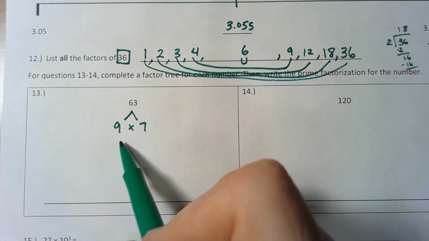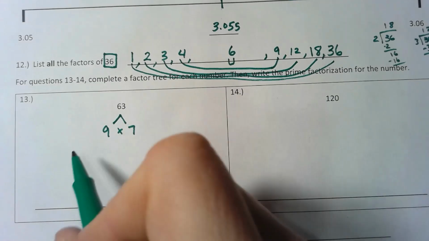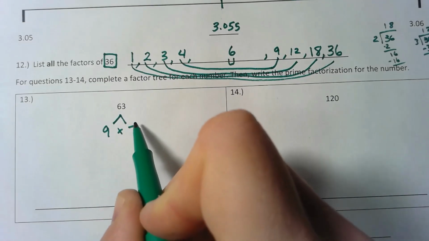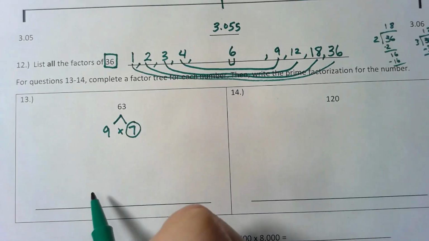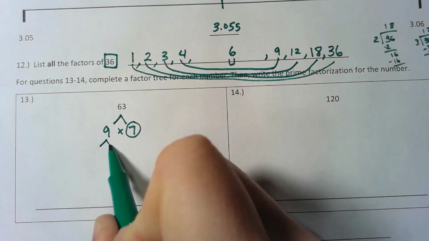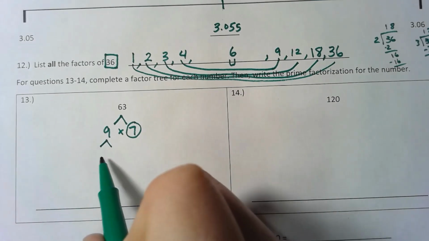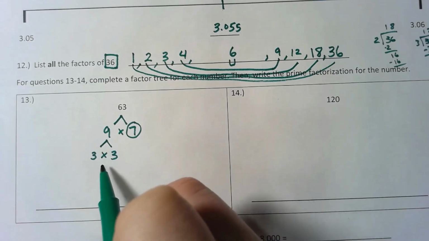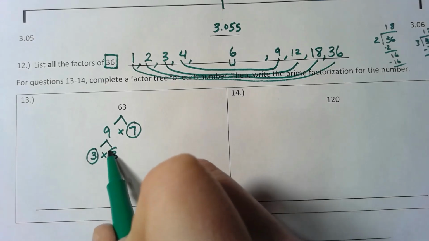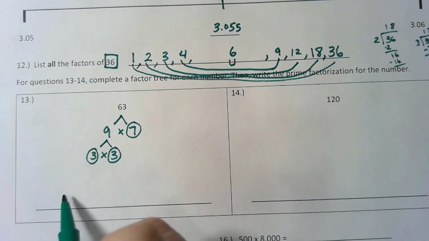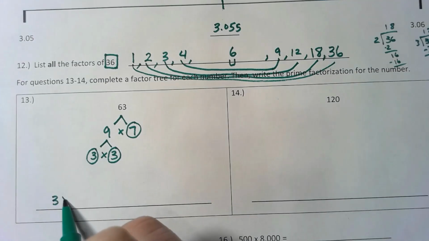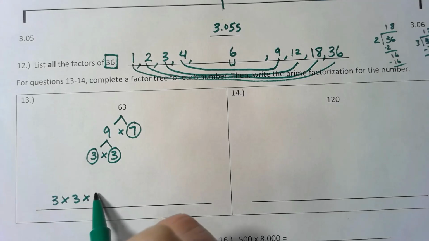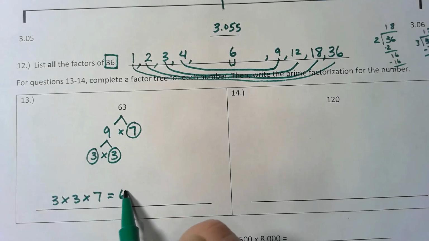Okay, now that I've written two factors of 63, I'm going to ask myself, are either of these prime? And 7 is, so I'm going to circle it. 9 is not, so I'm going to split it up. And two factors that equal 9 are 3 times 3. And 3 is prime, and this 3 is prime. So for the prime factorization, I have 3 times 3 times 7 should equal 63.